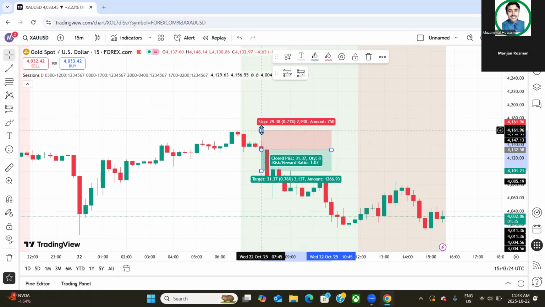But in this case, after opening we have red, green, red, red. So that's why I put it right away not on the first but the second, not on the third but on the second. But if we got the market open at 7 o'clock and the first three candles, then we put it on the third.